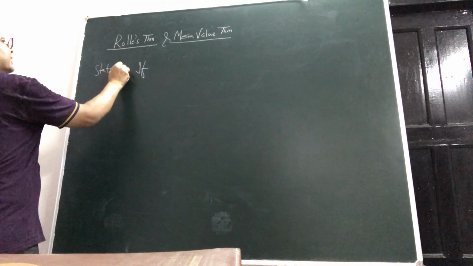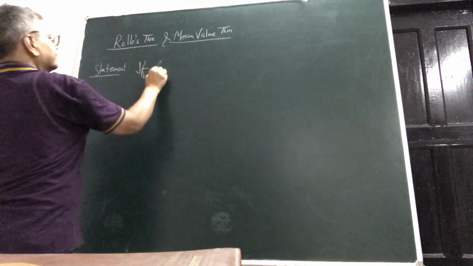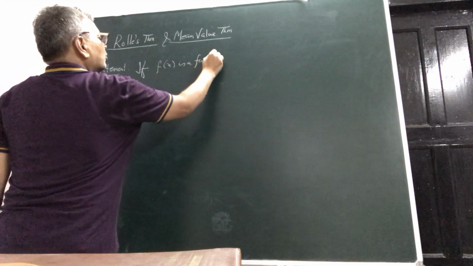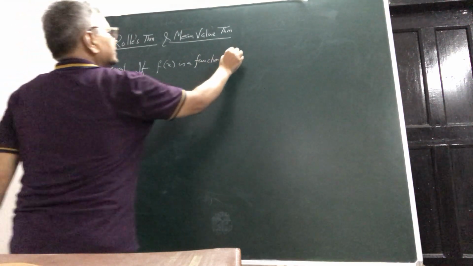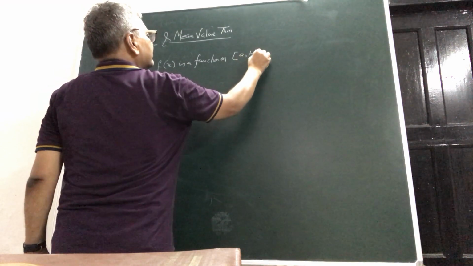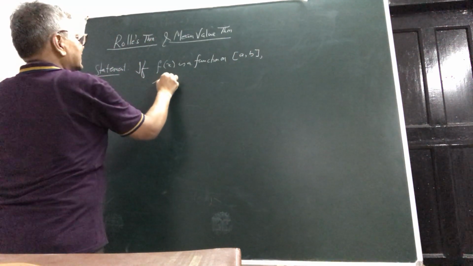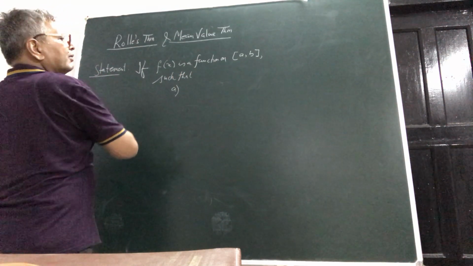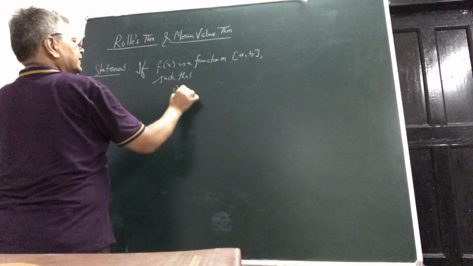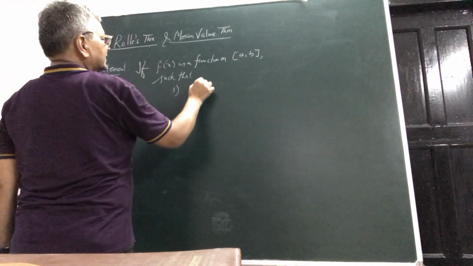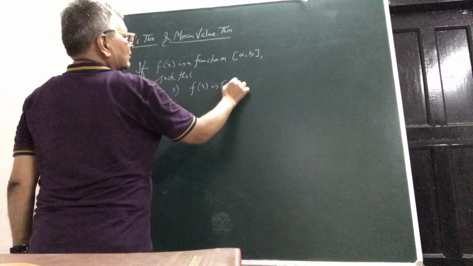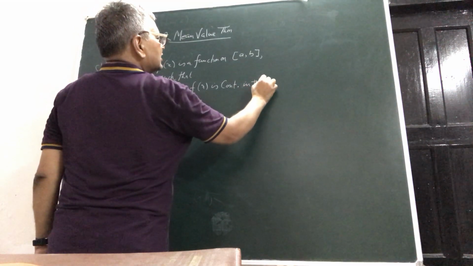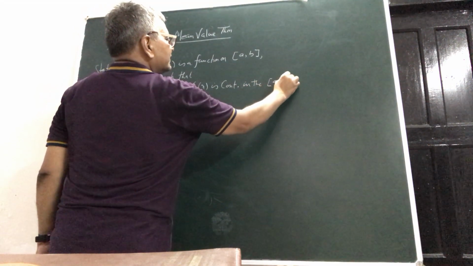The statement is very important. What it says is: if f(x) is a function on a closed interval [a, b], such that three things should happen. Number one, f(x) is continuous in the closed interval [a, b].